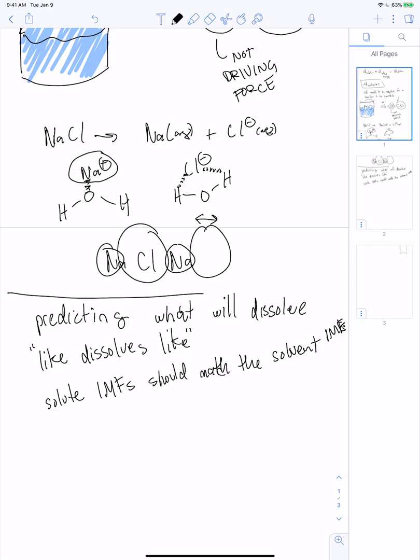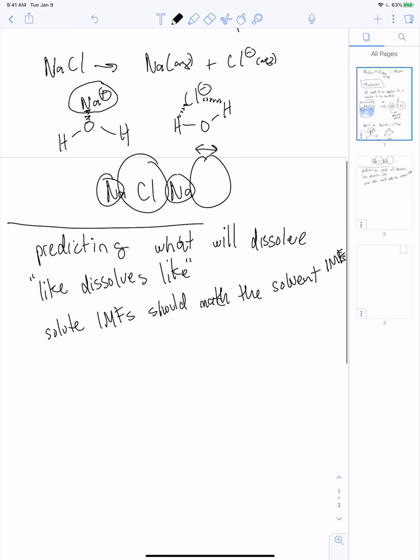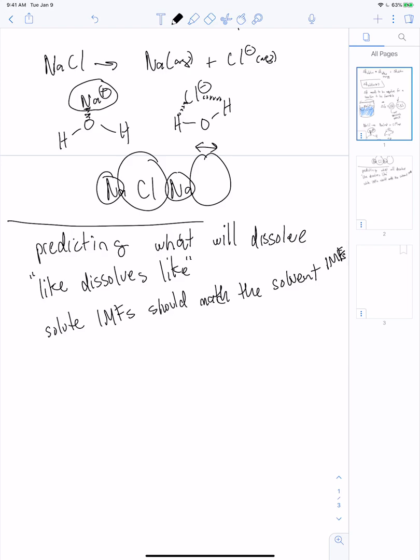Okay, so let's say I am looking at, I don't know, a glucose molecule, and I'm trying to figure out what it's going to be soluble in.